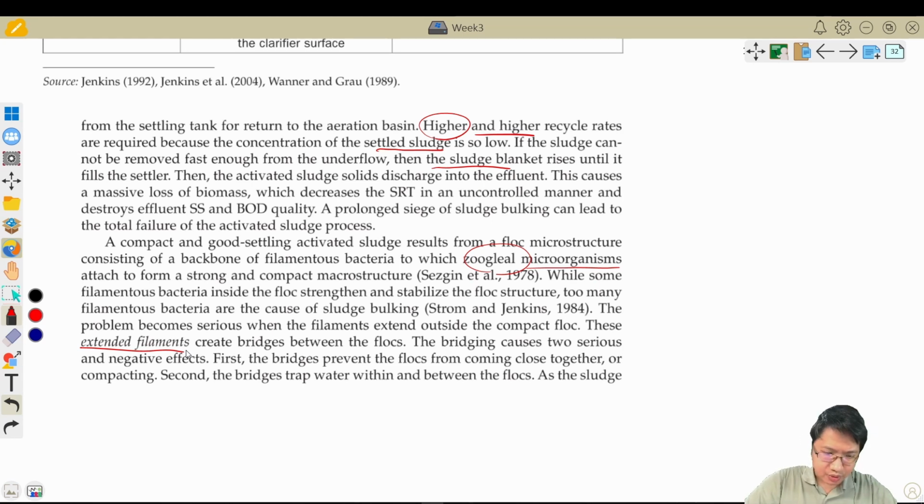The bridges prevent the flocs from coming closer together, and so they have a very bad effect on compaction.